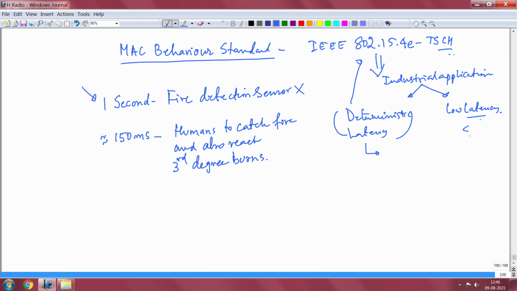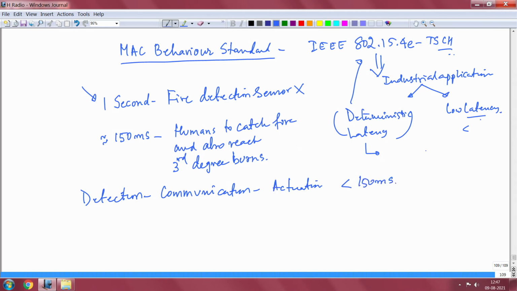If you have to target 150 milliseconds latency, the whole system, from detection to communication to actuation, should be less than 150 milliseconds.